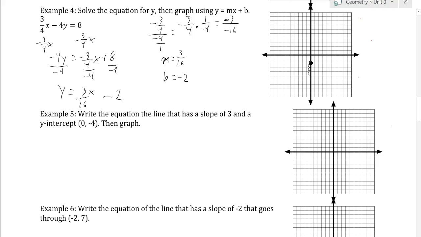So we can no longer count by 1, because we don't have enough room on our paper to count by 1s. So we're going to count by 2s. 2, 4, 6, 8, 10, 12, 14, 16.